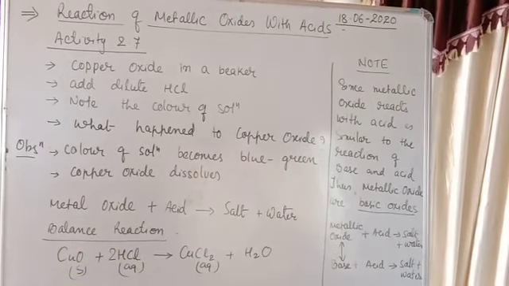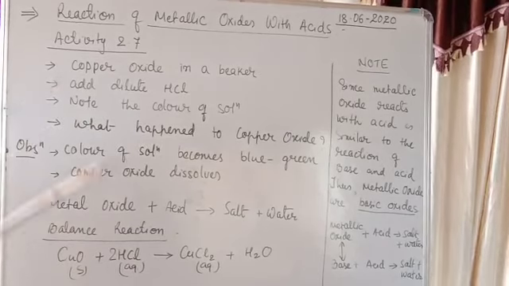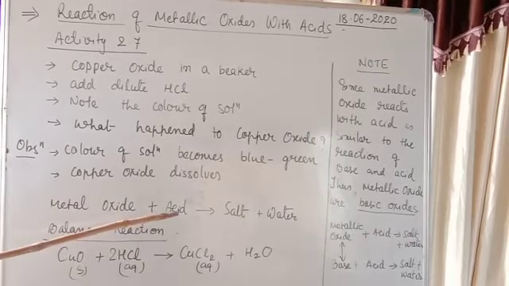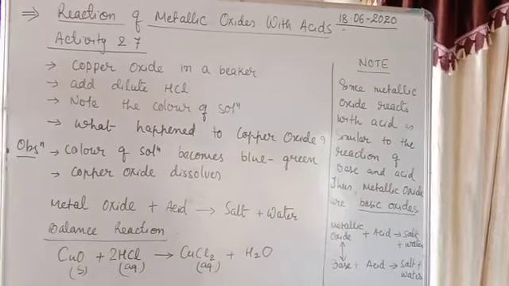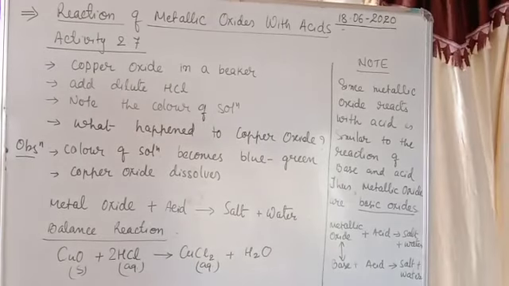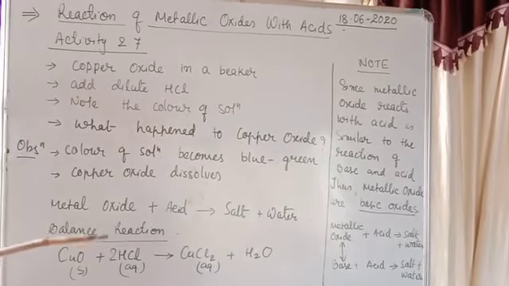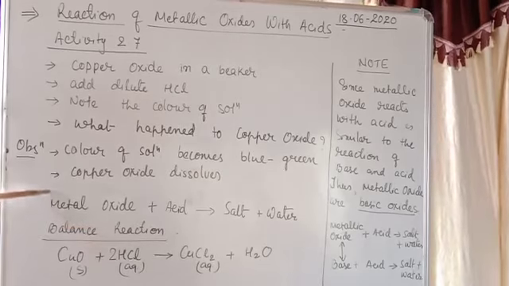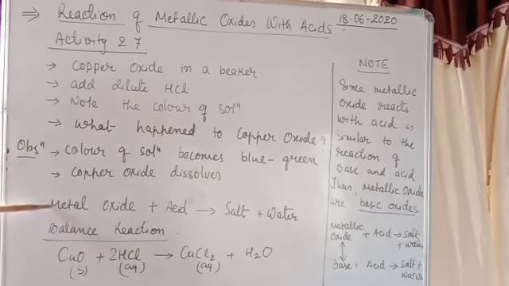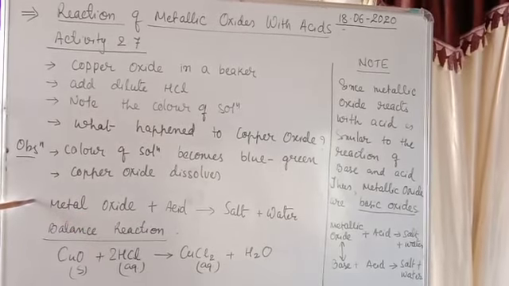One note is there, if you remember in the previous part I have taken that acid plus base gives you salt and water. Okay. Now here they are talking about the nature of metal oxide, whether it is acidic or basic.